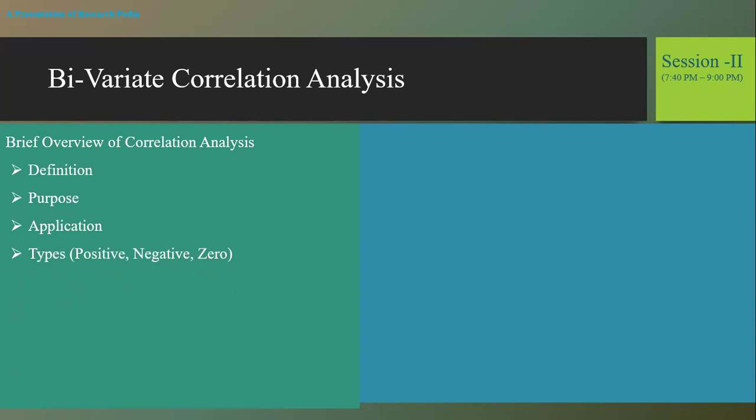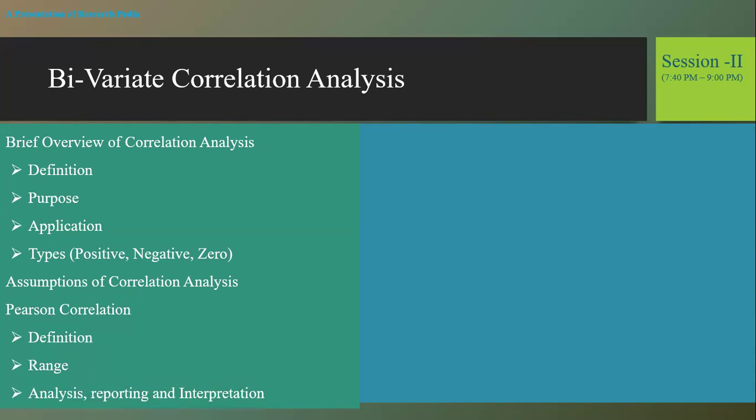Then I will let you know the types of bivariate correlation, whether positive, negative, or zero, which will help our interpretation. Then I will cover the assumptions of correlation analysis.